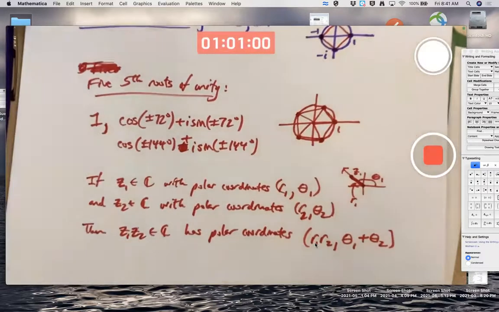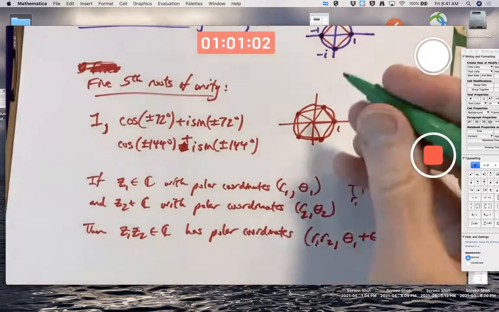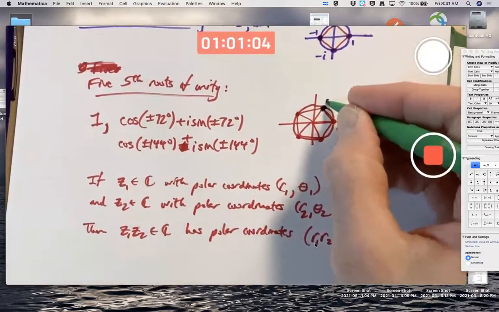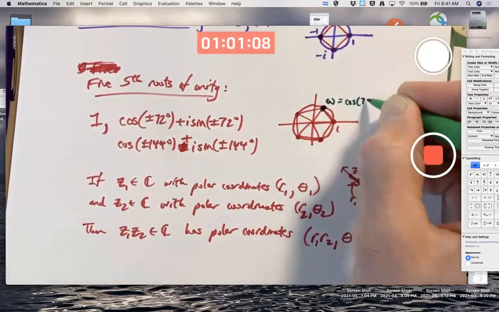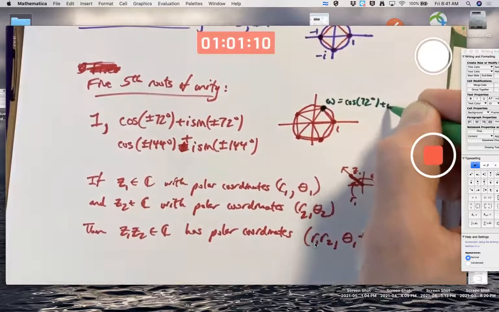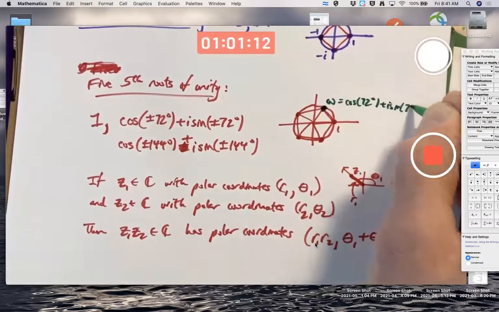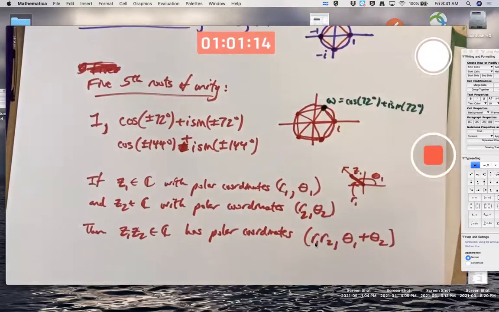In particular, coming back to the fifth roots of unity here, and taking this thing to be omega, that's cosine 72 degrees plus i sine 72 degrees. Its polar coordinates are 1 for the radius and 72 degrees for the angle.